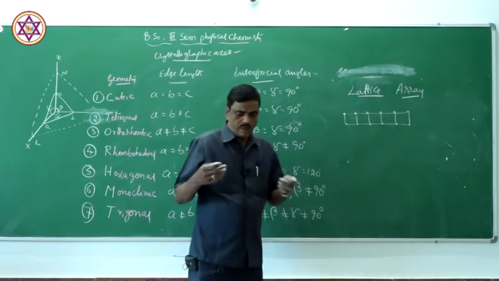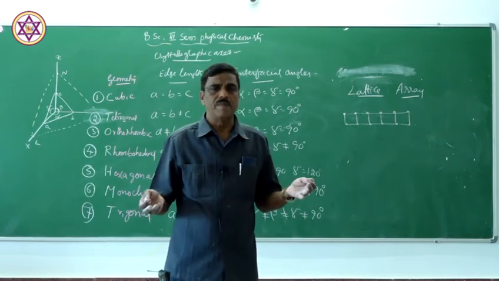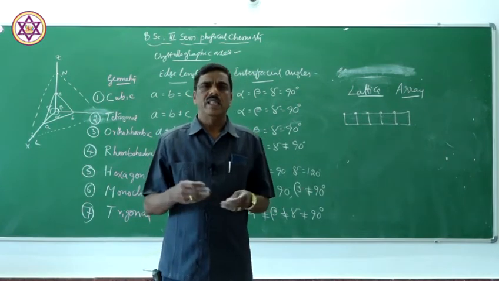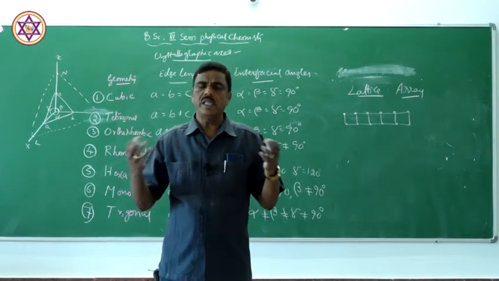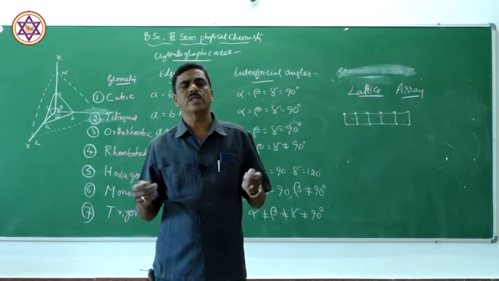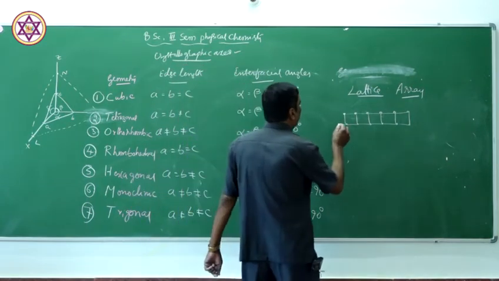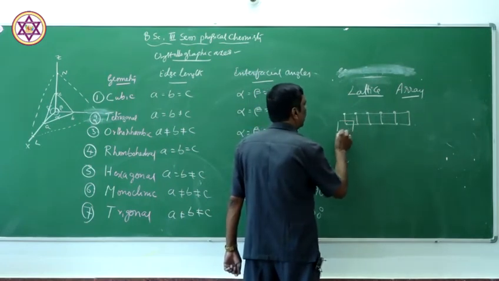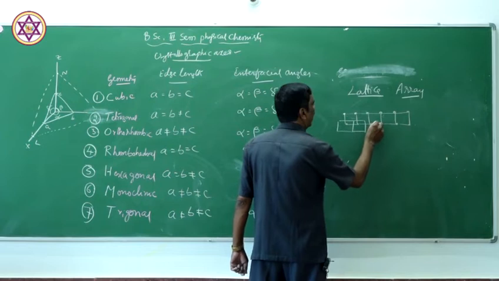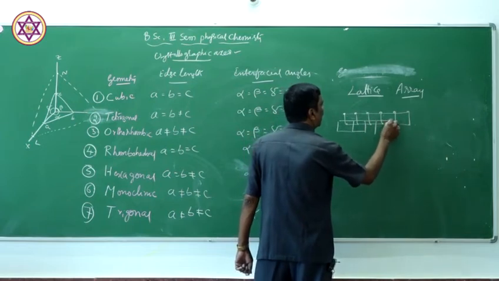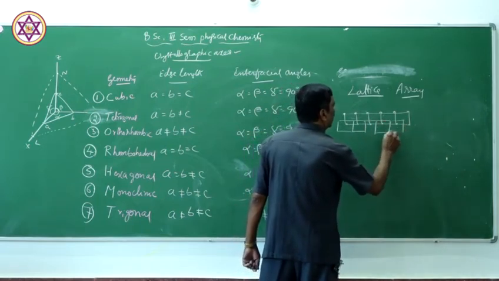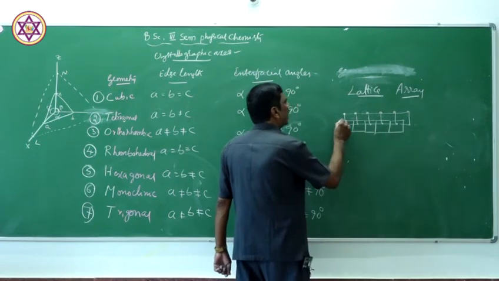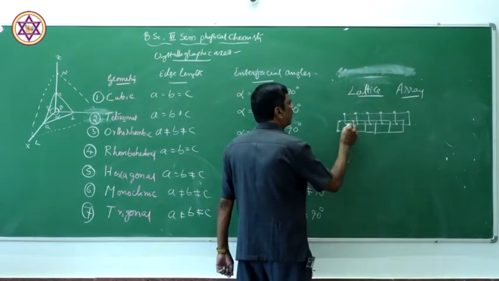But atoms or molecules in a crystal are 3-dimensional. They are arranged, they are bonded in all 3 different directions x, y and z. Therefore, we can write here 3-dimensional. Now you see the 3-dimensional array. Now you see here, these are the atoms in this plane.